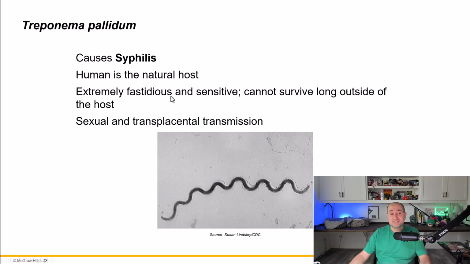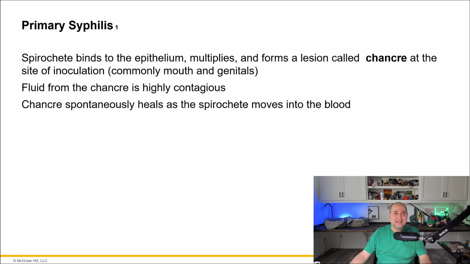You should know that this is the spirochete that causes syphilis, the sexually transmitted disease. And what I would want to know are the 3 stages of syphilis, right? So, do you remember that during primary syphilis infection, this is where you form a lesion called the chancre at the site of inoculation, and this chancre is relatively pain-free.